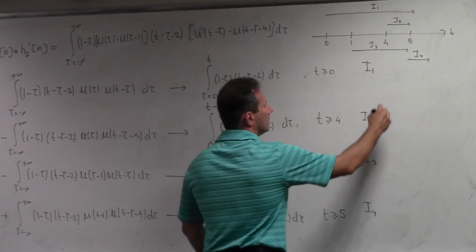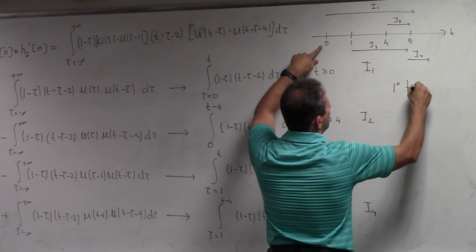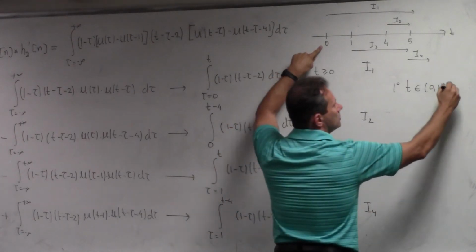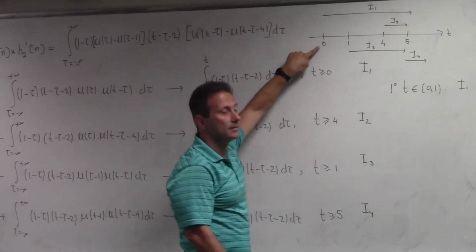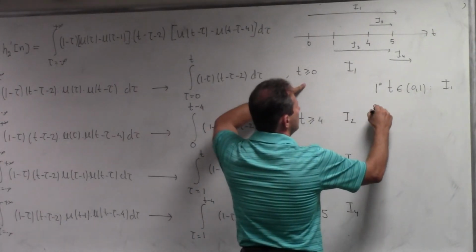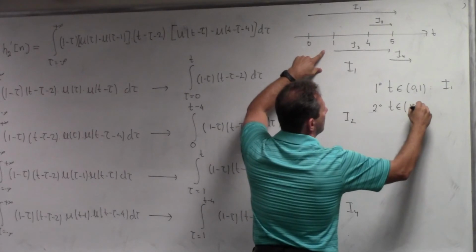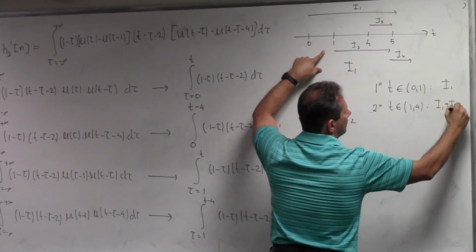So how many cases do you have? Case 1, t between 0 and 1, in which case you have just I1. Then case 2, t is between 1 and 4, in which case you have I1 plus I3.